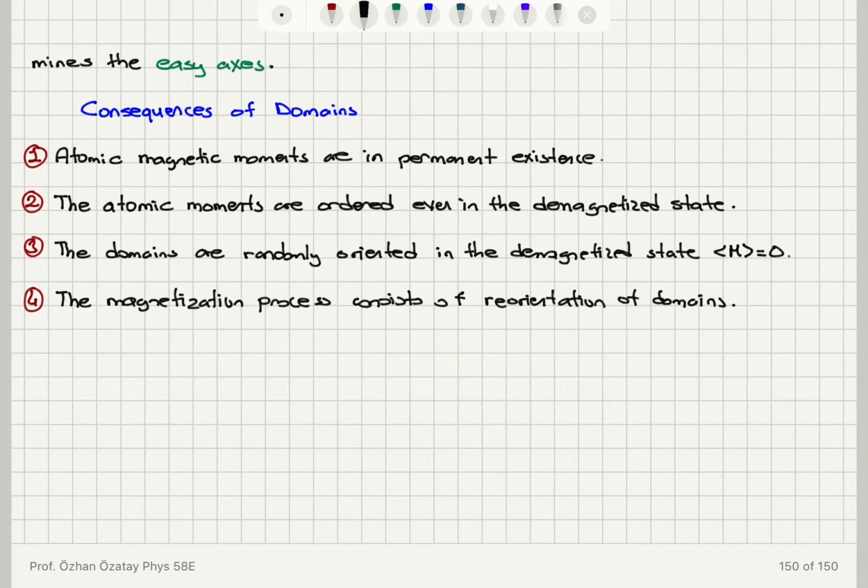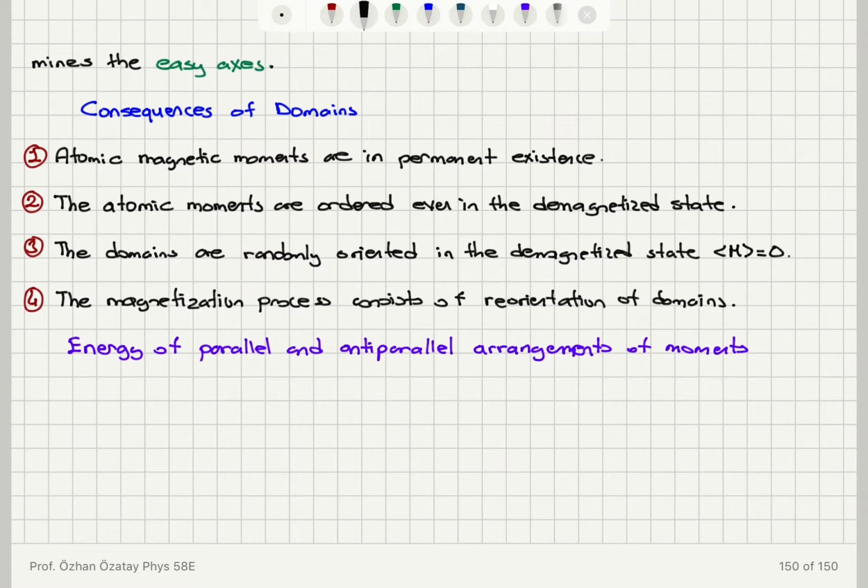Now I want to compare in a 6-moment system the exchange energy of having 6 of them parallel and 1 of them being anti-parallel to motivate the existence of domains. So let's take a look at the energy of parallel and anti-parallel arrangement of moments.